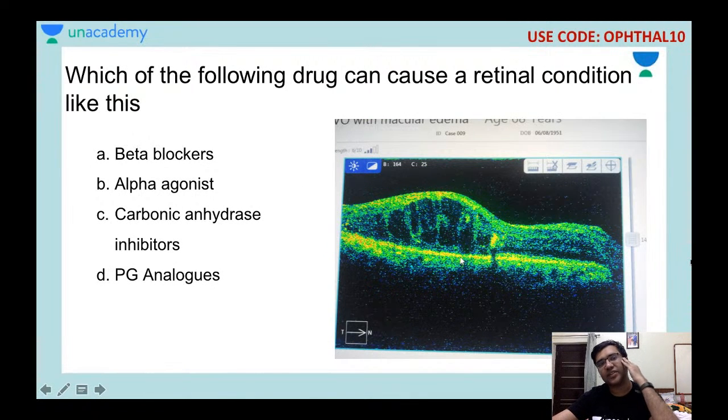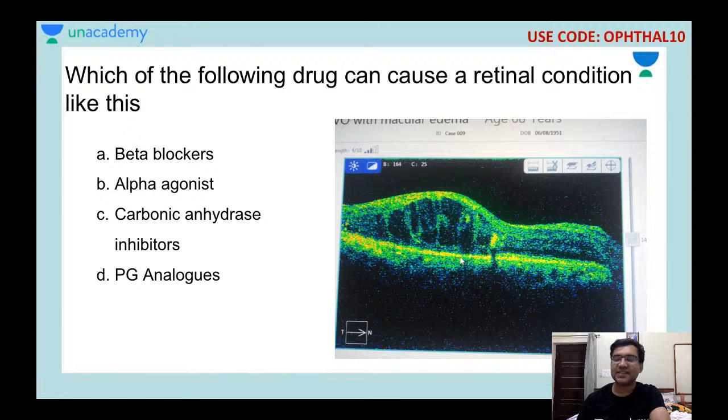This question also I have discussed. Which of the following drugs can cause a retinal condition like this? Your options are beta blockers, alpha agonist, carbonic anhydrase inhibitors, or PG analogs. You can see cystic spaces inside the retina.